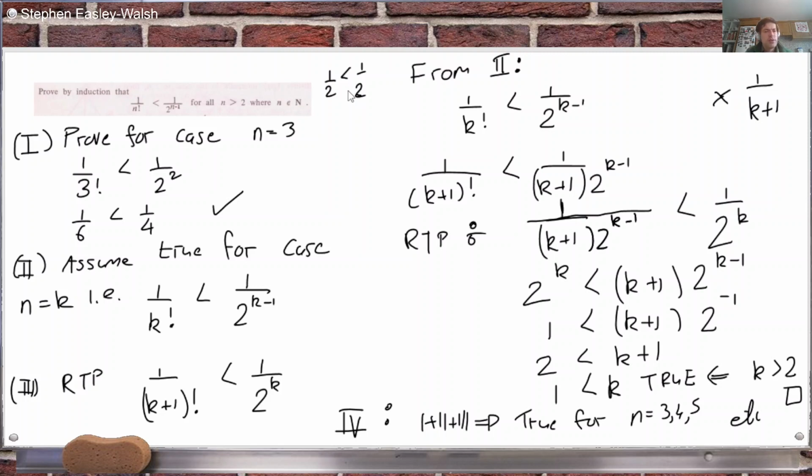This would have been true if you just make this an equal sign. 1 over 2 factorial less than or equal to 2 power 1. I don't know why they did it that way without the equal sign. Made it a strict inequality. Oh well, doesn't really matter.